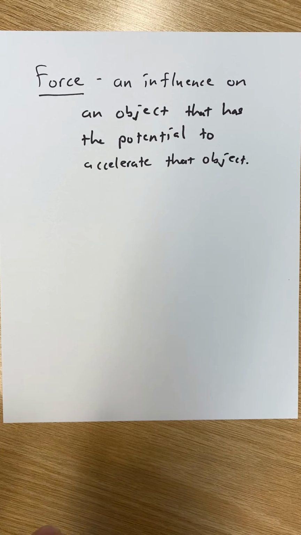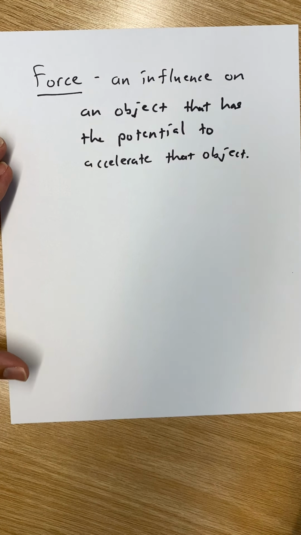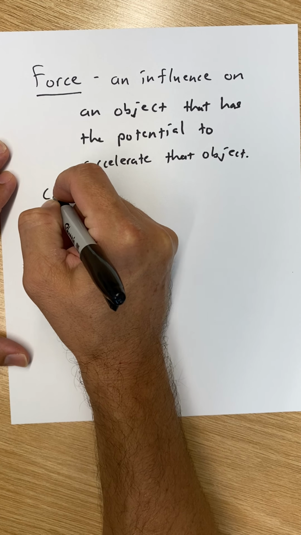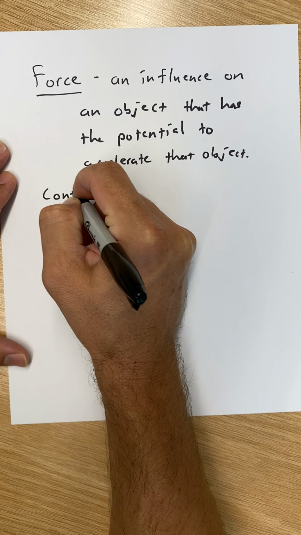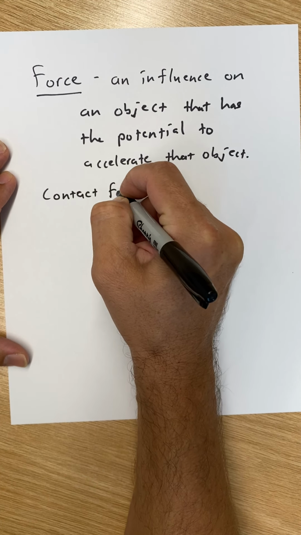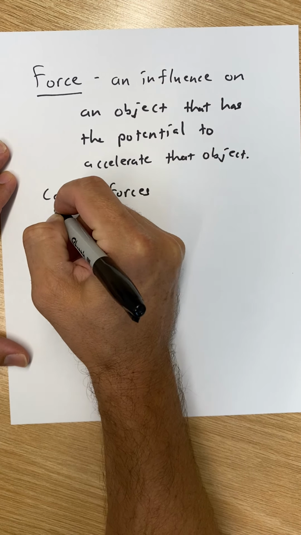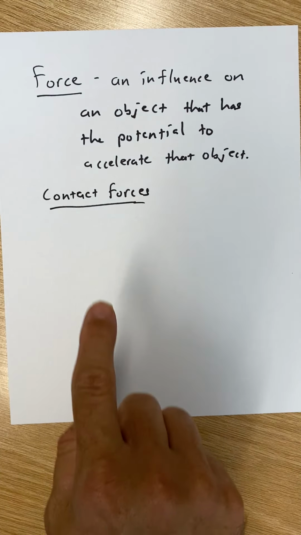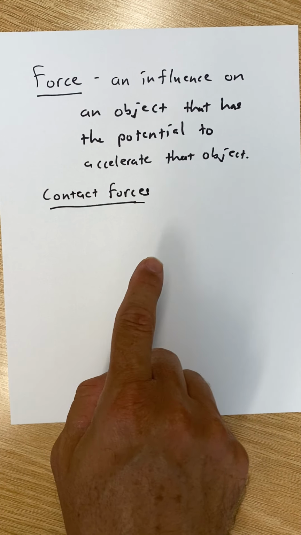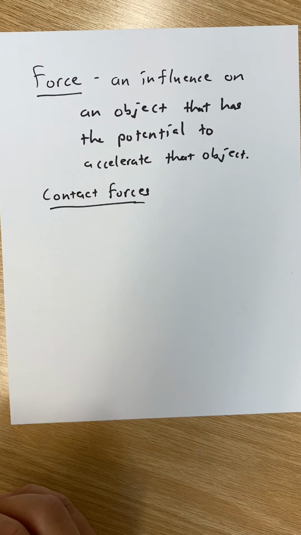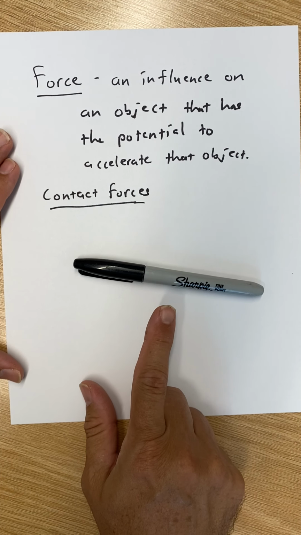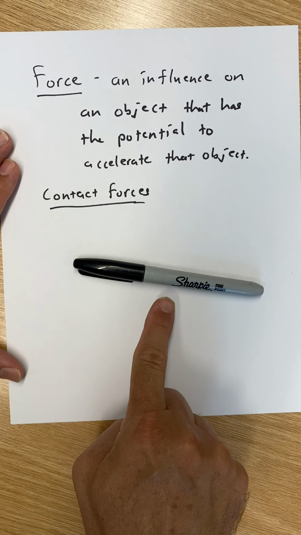That leads to discussion of the two different categories of forces that we can have. The first we'll talk about are contact forces. These are forces that, just like their name suggests, two objects have to be in contact with each other for this force to be exerted. For instance, object 1 is this pen, object 2 is my finger.